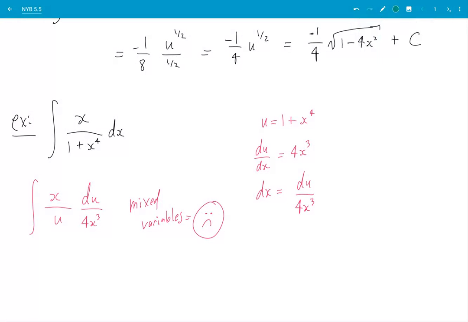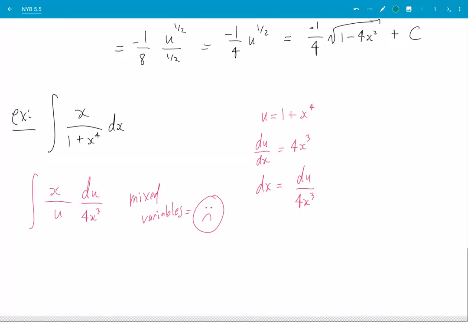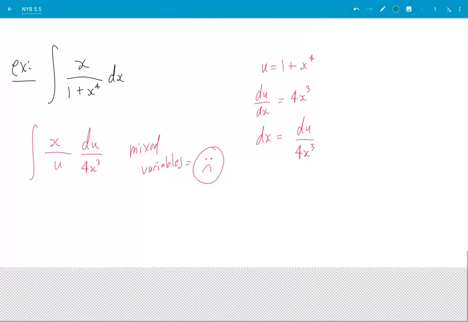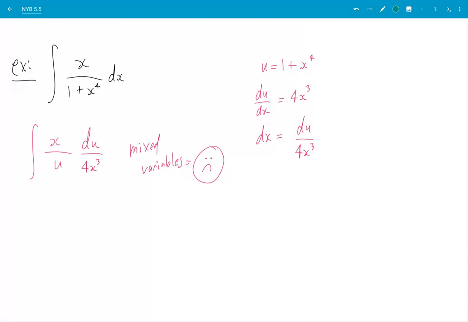Now, I need some motivation here. I need some idea that will help me choose a good u. Well, why don't I just say, what do I want? What do I want to have happen? I want this x here to go away. How can I make that go away? Well, I can make it go away if there is just an x down here.